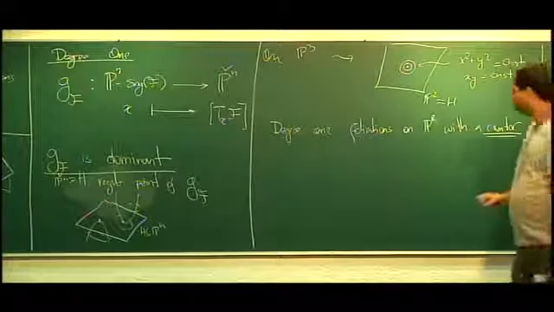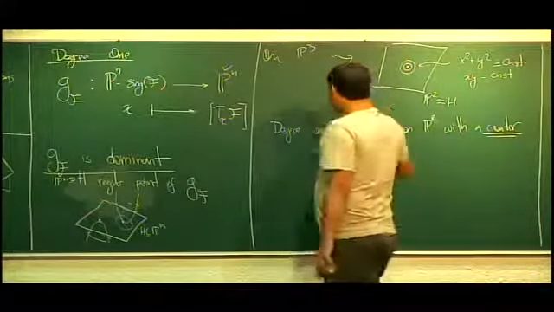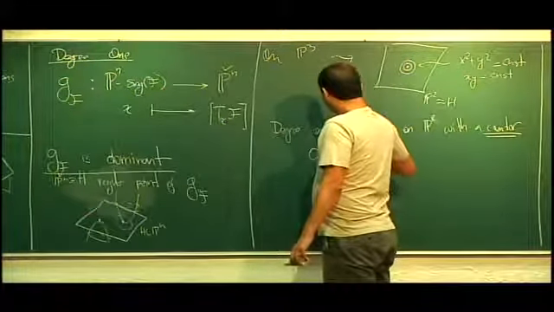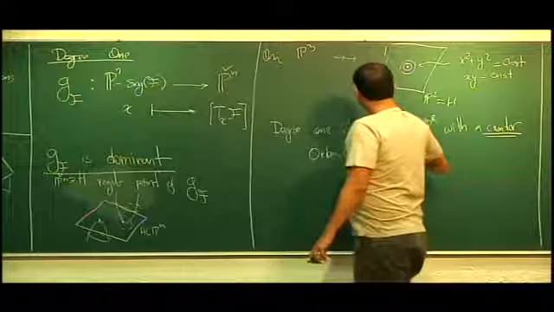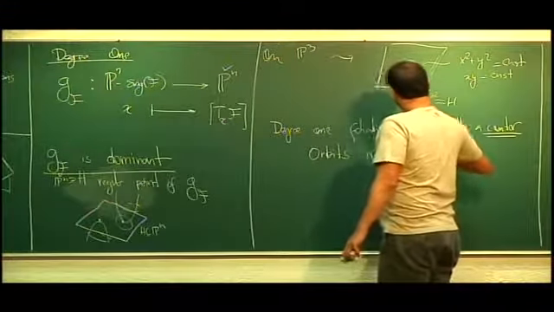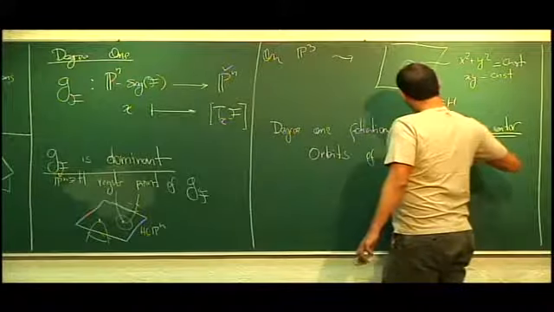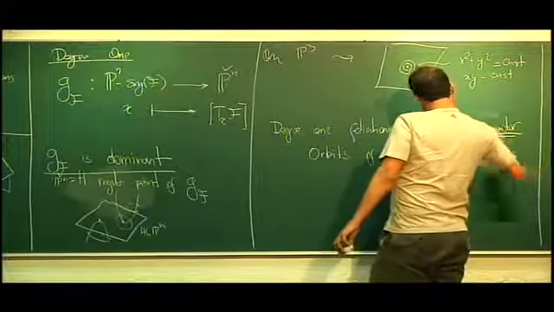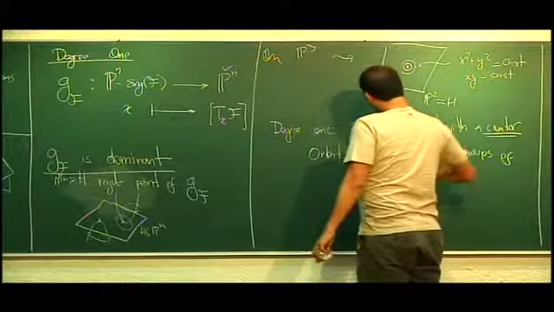Degree 1 foliations on P2 are orbits of one parameter subgroups of Aut P2.